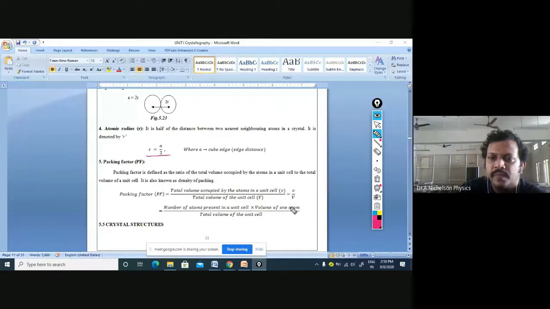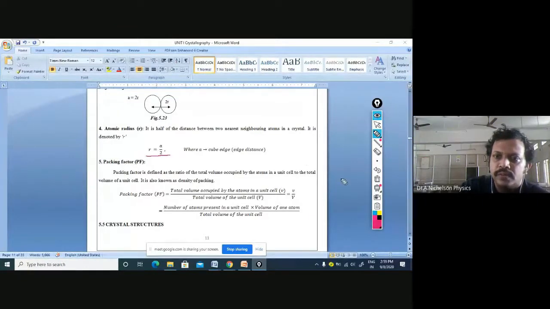Normally the atom possesses a spherical shape, so you multiply with the volume of a sphere. Now, capital V is the total volume of the unit cell. If you take a cubical crystal structure, then it is a cube. So you can just divide. These are the general characteristics of a unit cell.